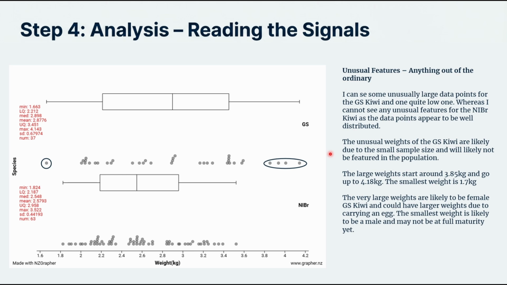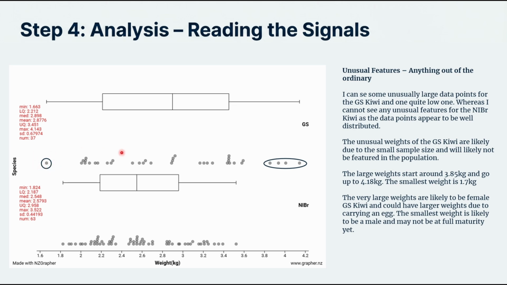Your sample size will be key to determining if your unusual features exist in the population. We can see here with our Great Spotted Kiwi that we have two significant data points, a cluster of 4 data points that are quite high, and a singular data point quite low.